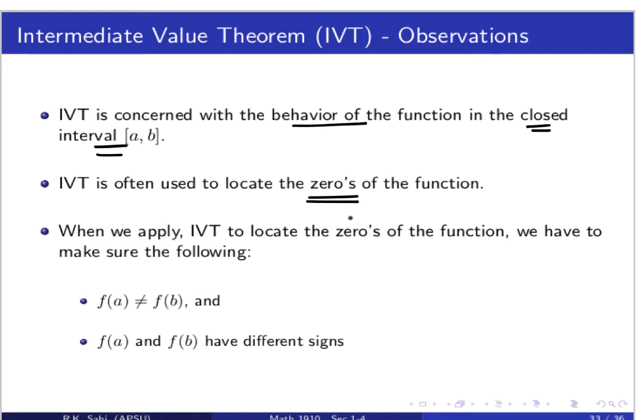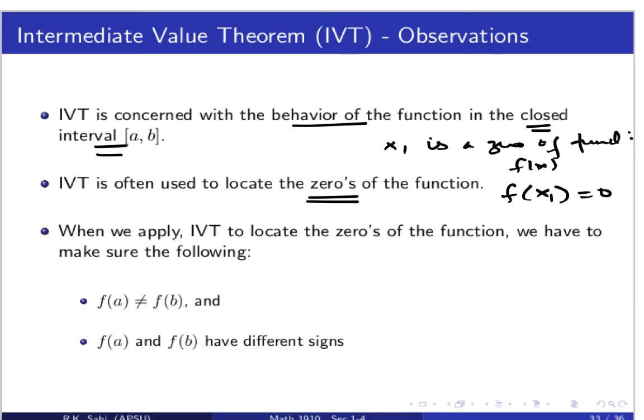If you have forgotten, the zeros of the function are those values where the function is 0. In other words, suppose x1 is a zero of a function, say f(x). What does that mean? It means f of x1 is 0.